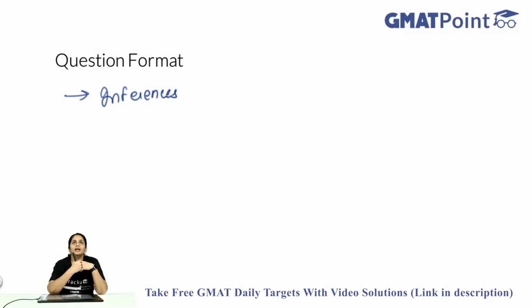For example, if you are reading an opinion piece about how a particular policy is not a good policy, the author might not actually come out and say that this policy is terrible. Such kind of extreme wording is almost never used by many authors as such.